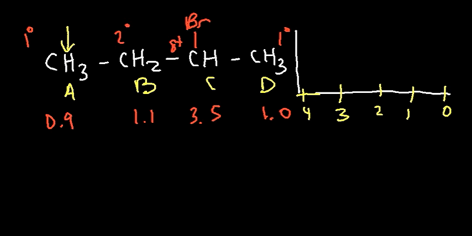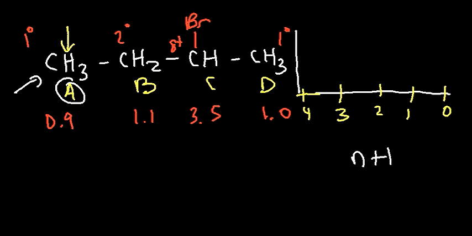Let's look at the spin splitting pattern. Looking at protons A, the CH3 is adjacent to a CH2, and you have to use the n+1 rule for the number of hydrogens on the adjacent carbon.